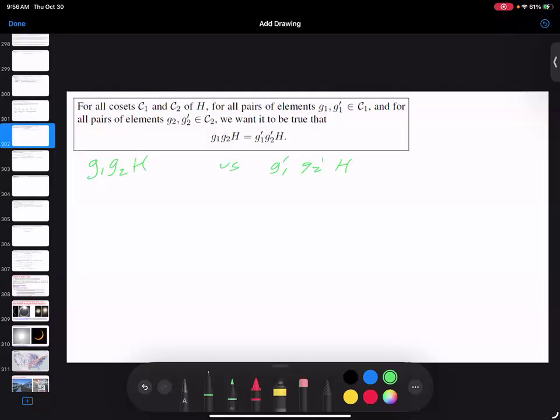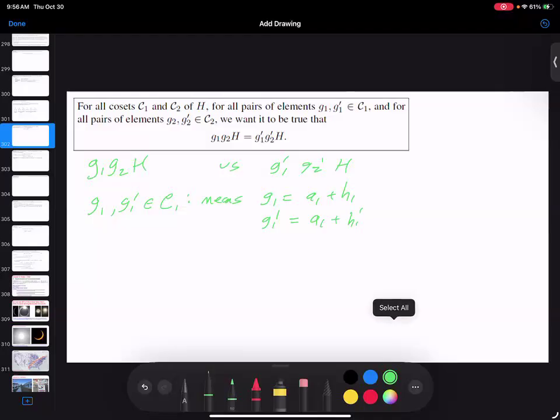And so if G1 and G1 prime are in the same coset, C1, what does that mean? It means G1 is equal to, say, A1 plus something in H, and G1 prime would be A1 plus H1 prime in H.